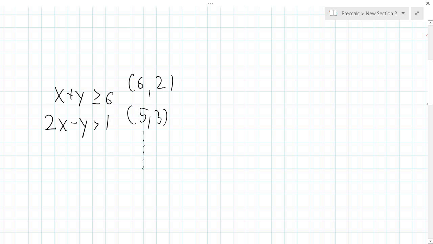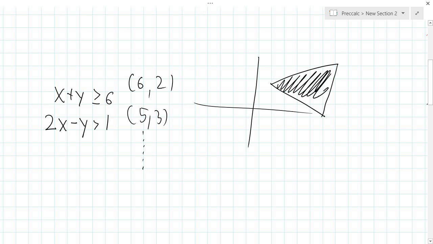And more importantly, all of these solutions fall within some region on the coordinate plane, so that if we picked any point in the solution region, we would have an x and y value that works in both inequalities.